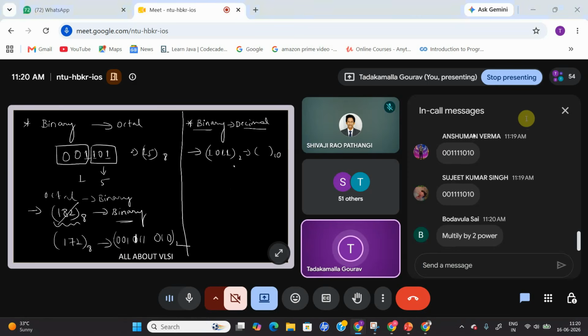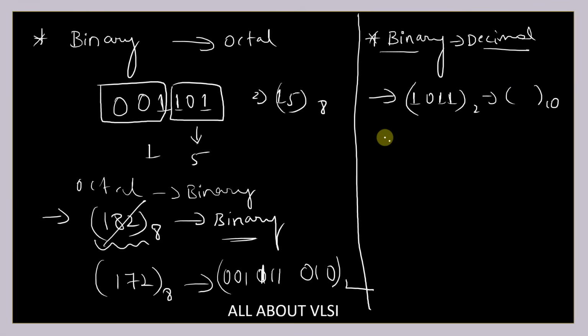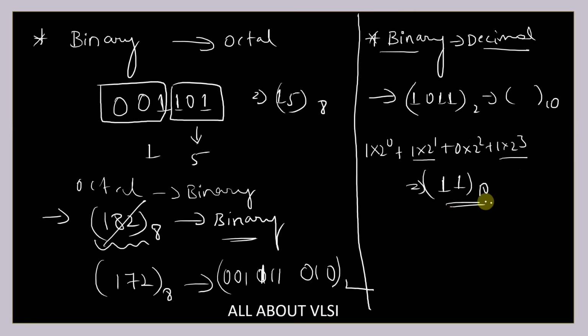Exactly, multiply by powers of 2 and add the weights. It is 1 into 2 power 0 plus 1 into 2 power 1 plus 0 into 2 power 2 plus 1 into 2 power 3. So this is 8 plus 2, 10, plus 1, 11 base 10.